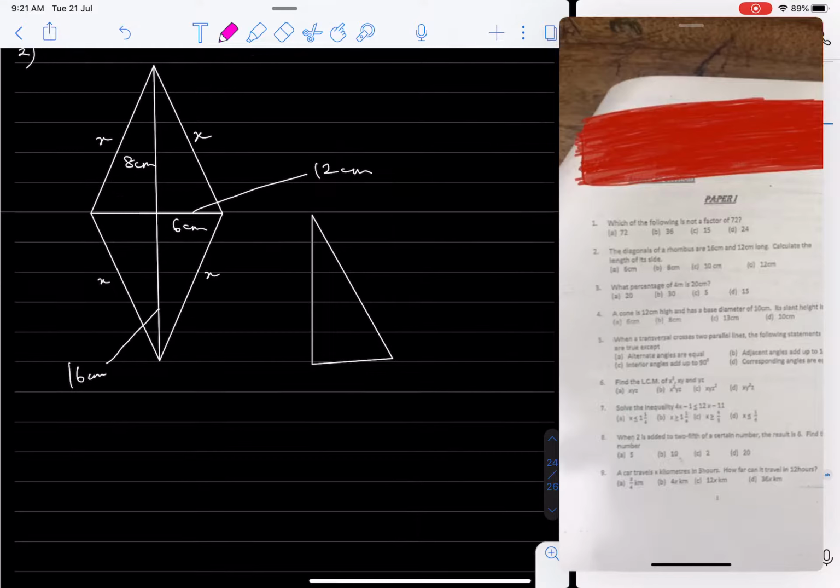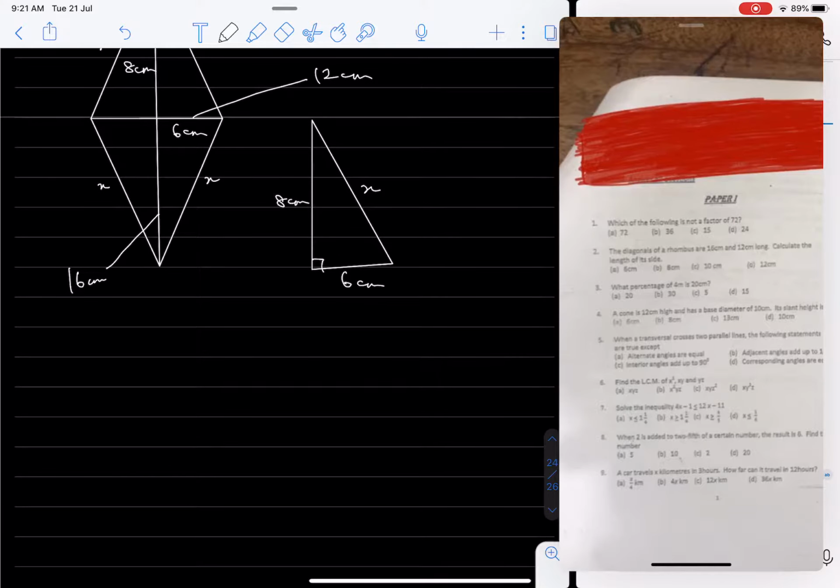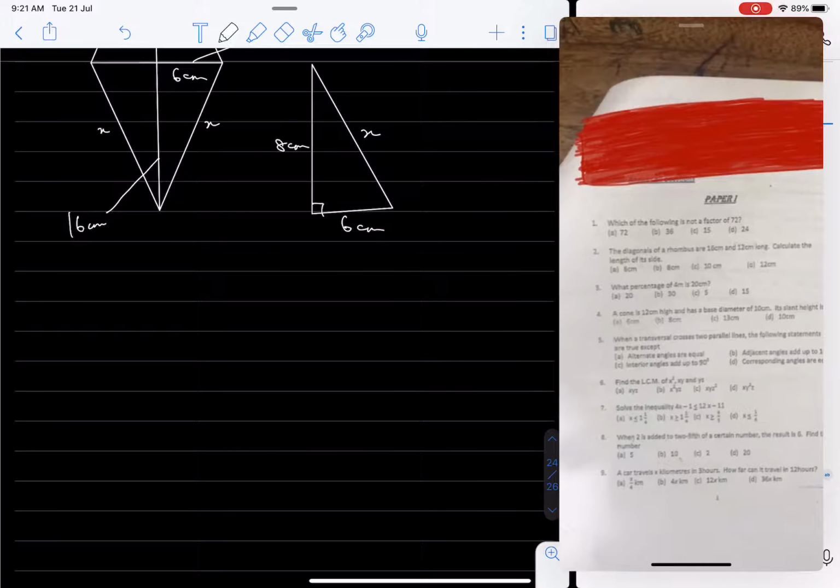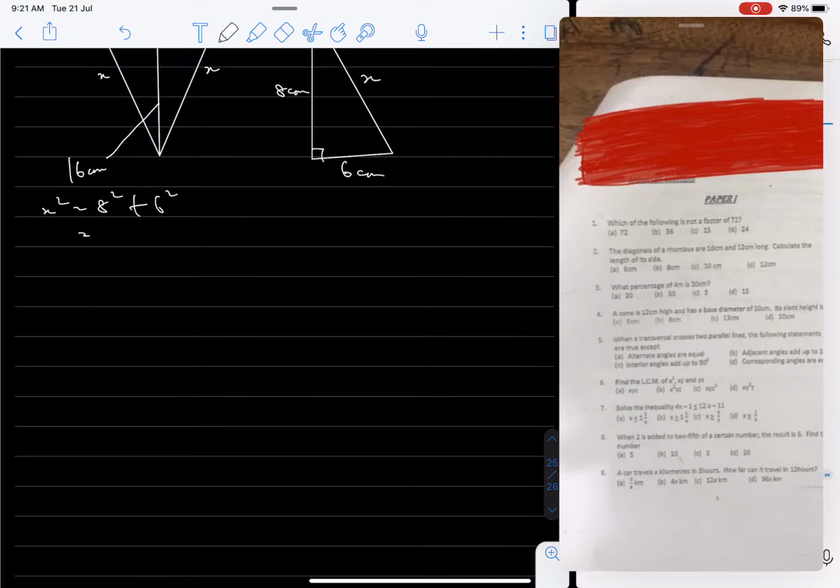And that's what I've brought out here. This is X, of course this is a right angle. This is 8 centimeters and this is 6 centimeters. Using Pythagoras' rule, X squared equals 8 squared plus 6 squared, since the hypotenuse squared is equal to the sum of the squares of the two other sides.